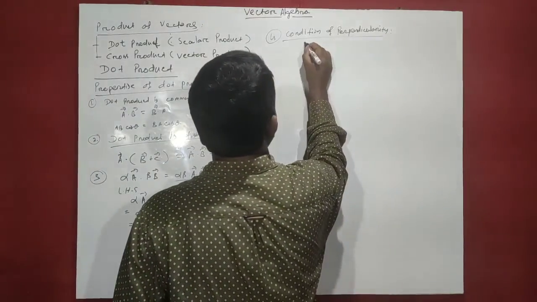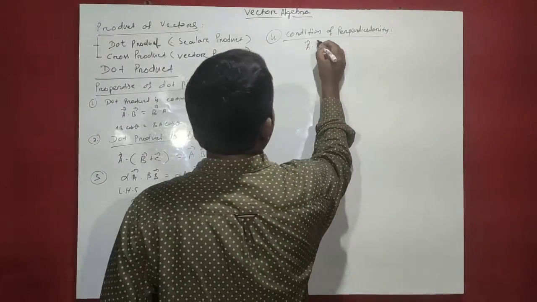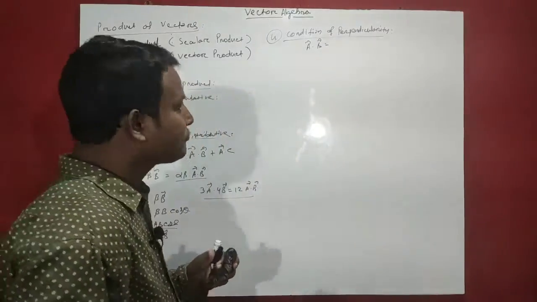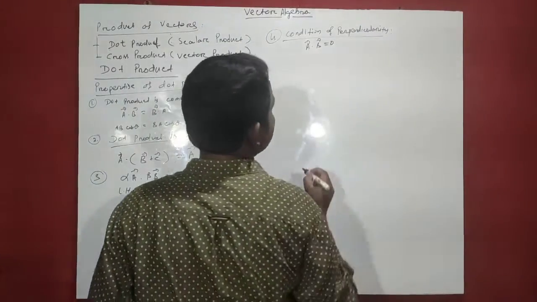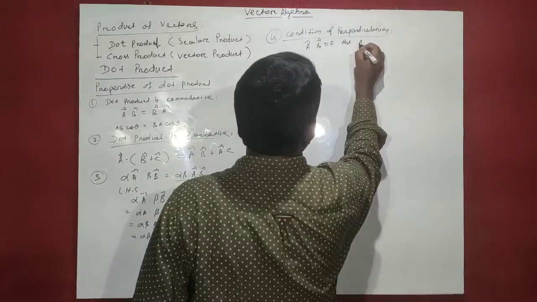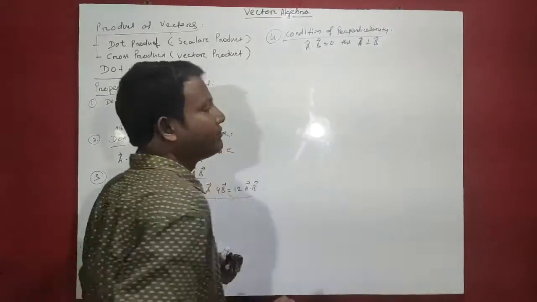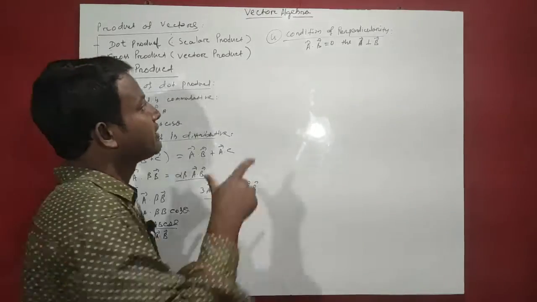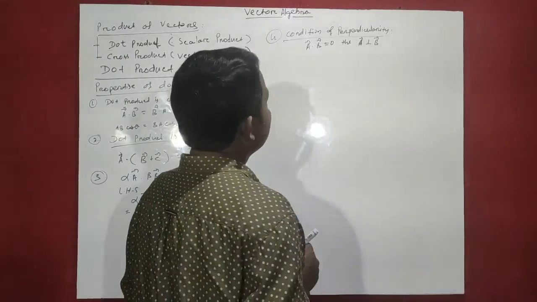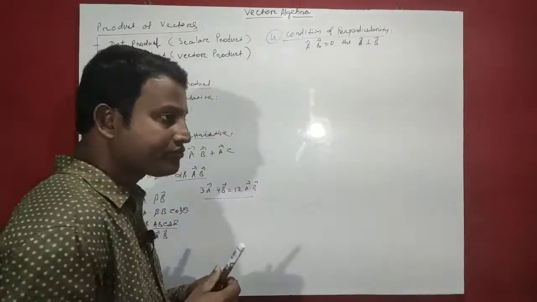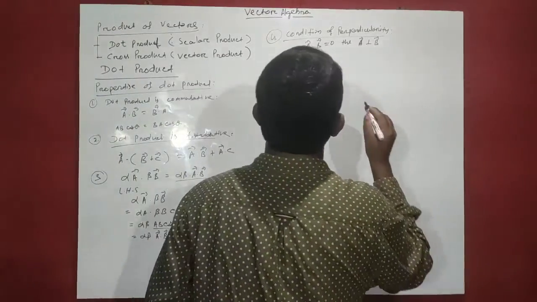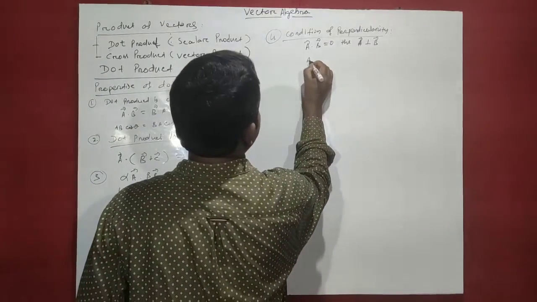That means if A dot B is equal to 0, then A is perpendicular to B. How do we prove it?